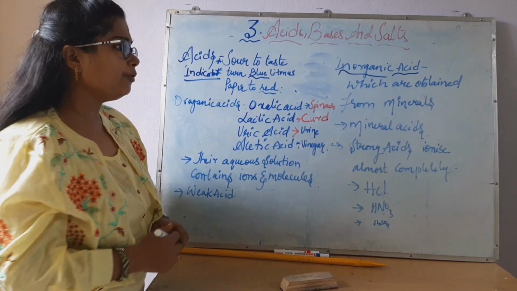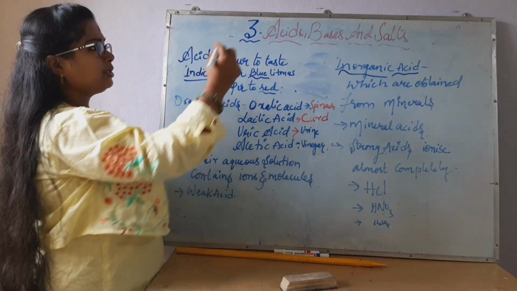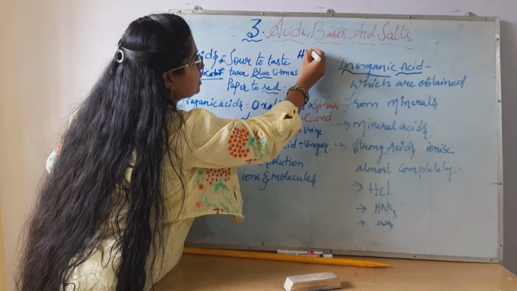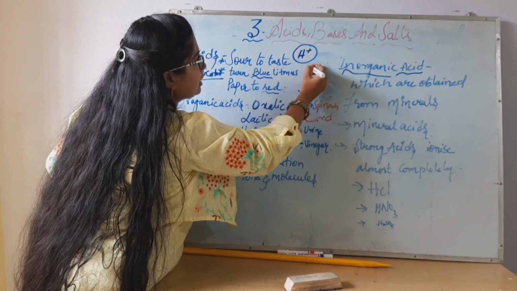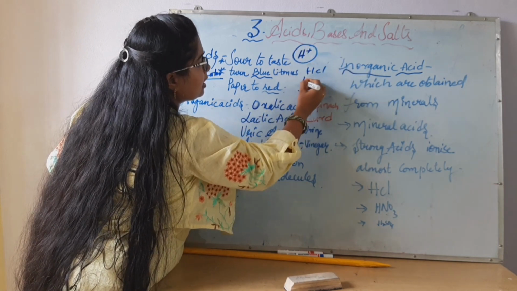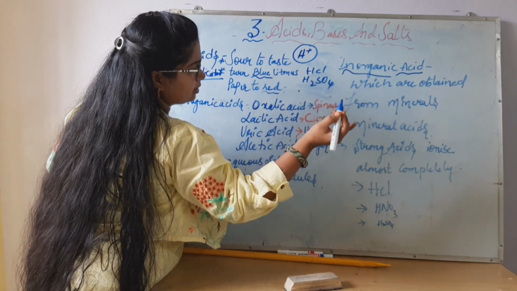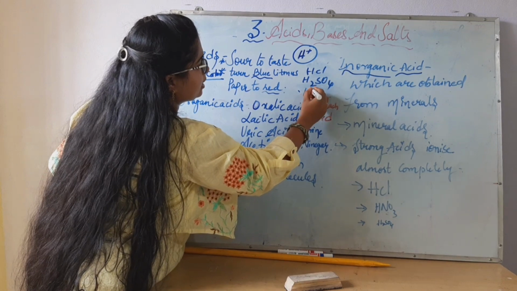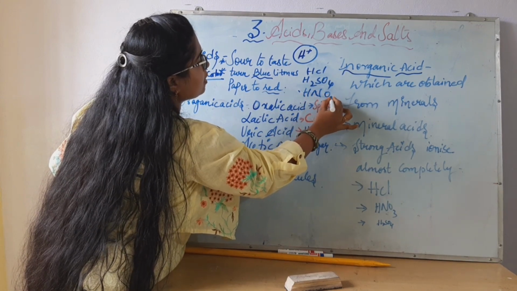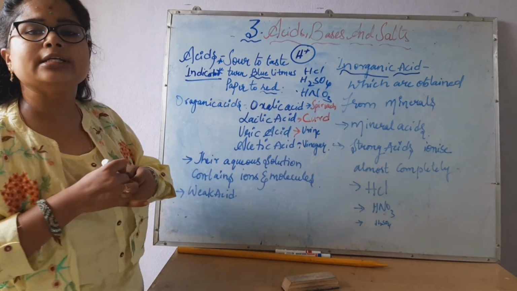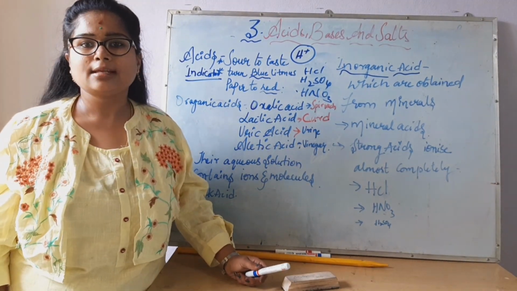Always remember acids start with H+ ions, like HCl, H2SO4, HNO3. These all contain H+ ions at the start. By seeing that, you can easily say that they are acids.